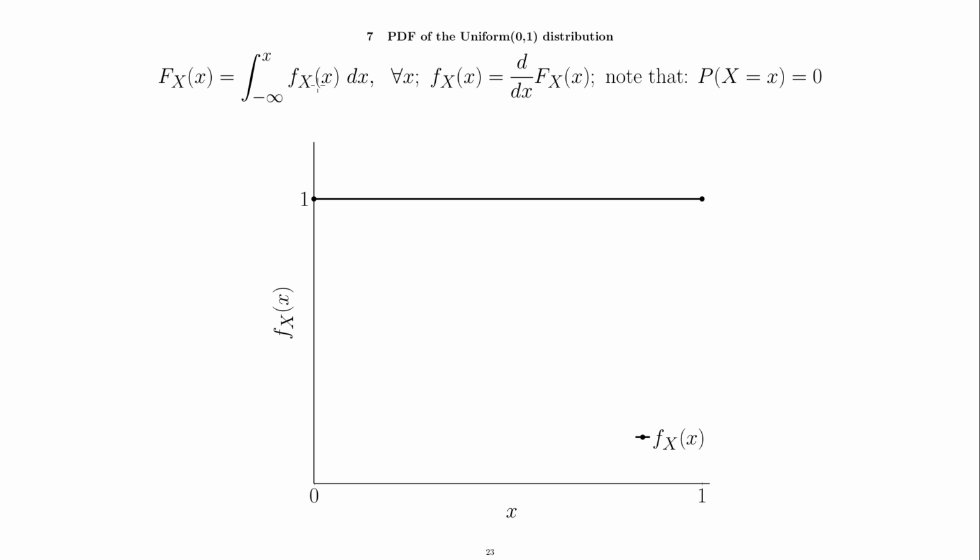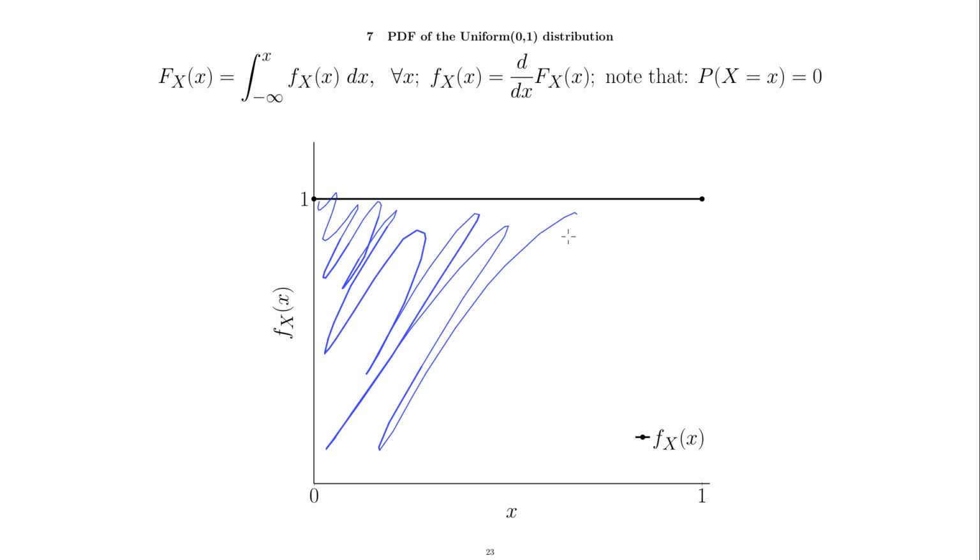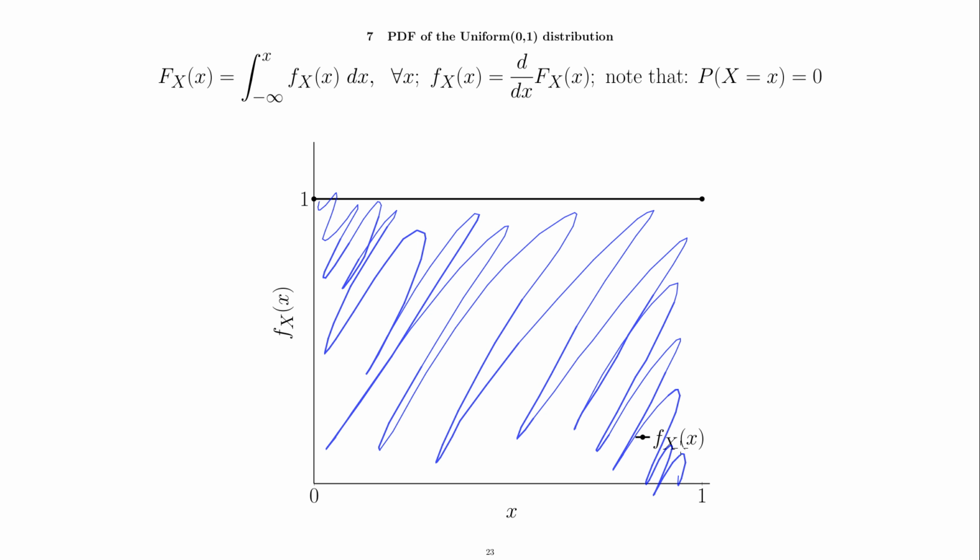Let's walk through it with this example for the uniform. It says this is the integral from minus infinity to infinity. So when we integrate all of this under here, everything else being 0, this is the only non-zero stretch.